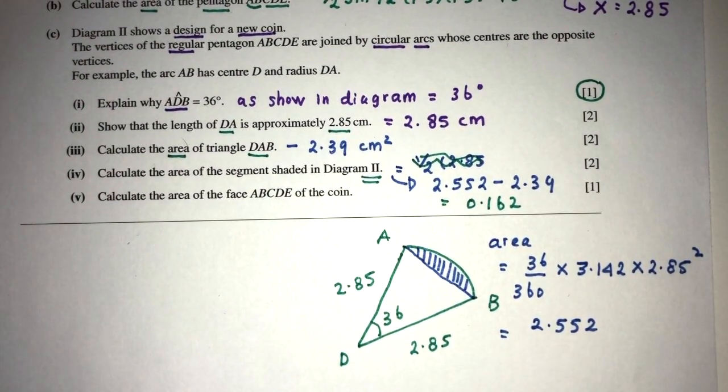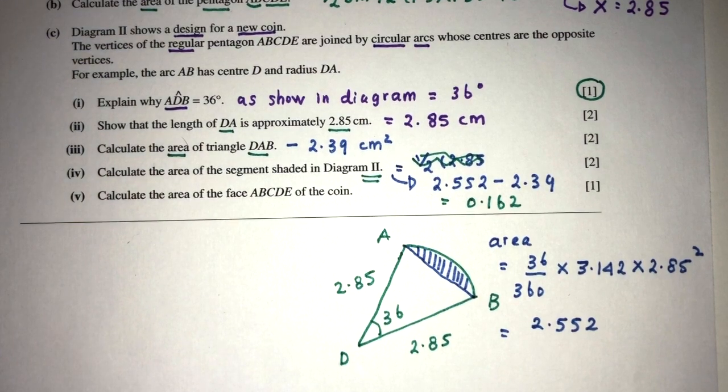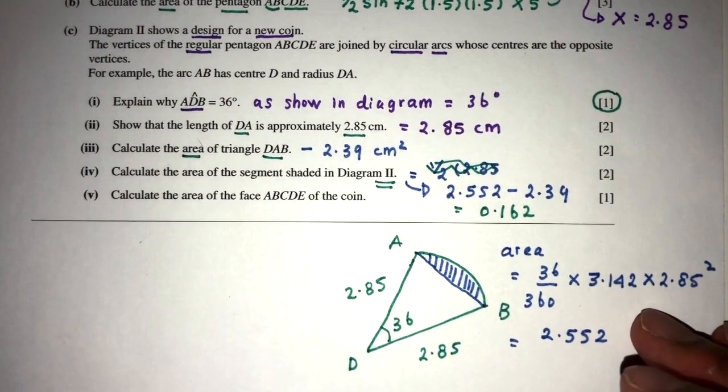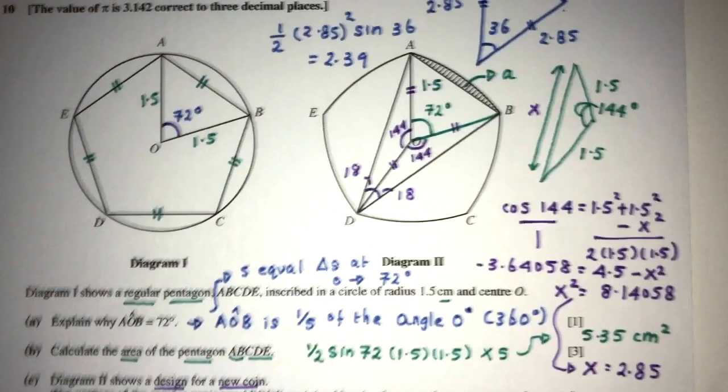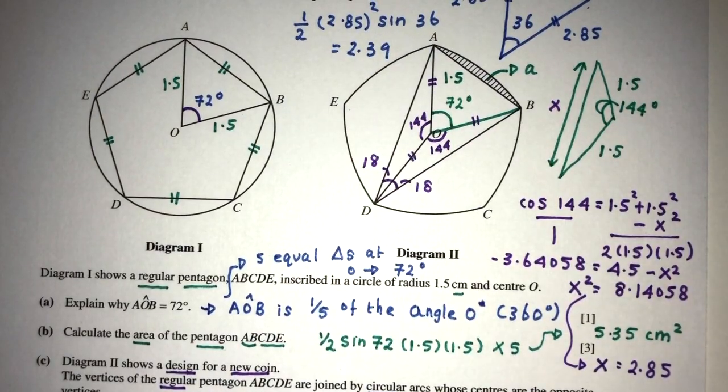segment for part 4. Now finally we have to find the area of the face of A, B, C, D, E of the coin. So the area of everything together.